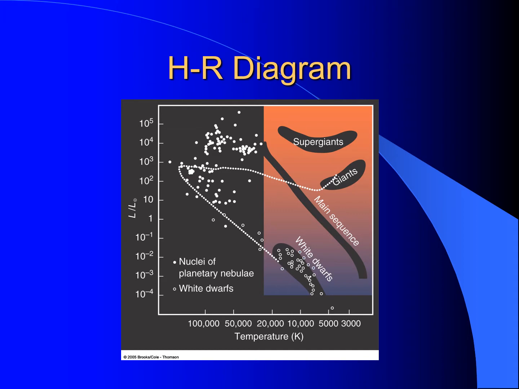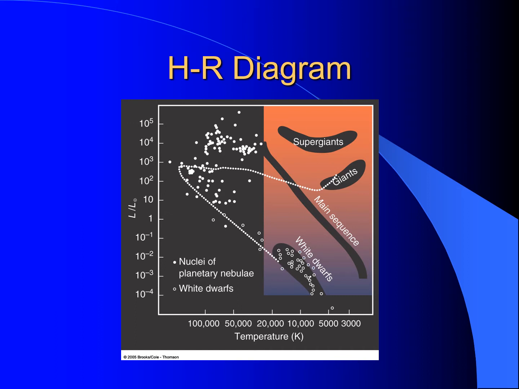The planetary nebula is shown as solid white dots on the diagram. The star then moves down towards the right as a planetary nebula becomes a white dwarf. The black dwarfs move completely off the HR diagram. They are no longer visible. And again, we don't have any black dwarfs yet.